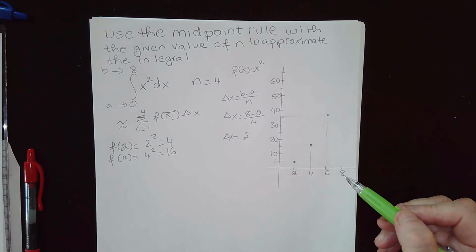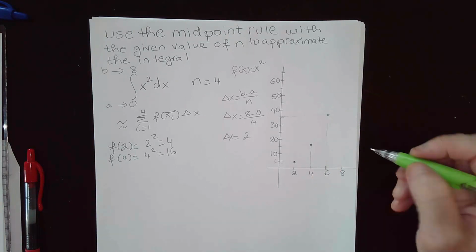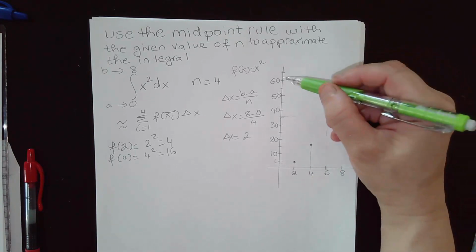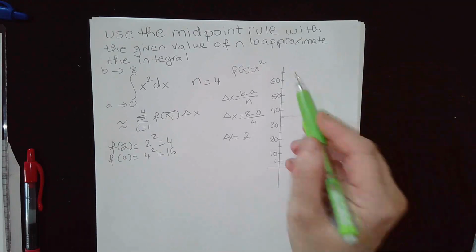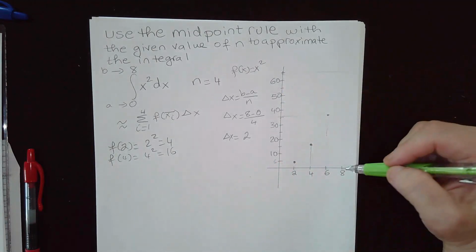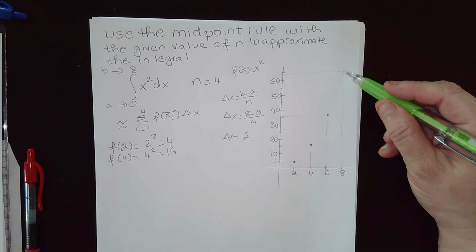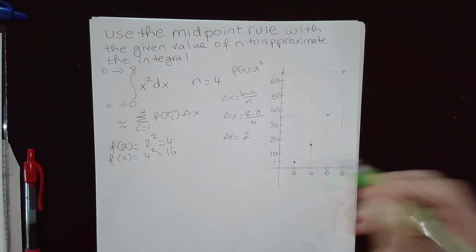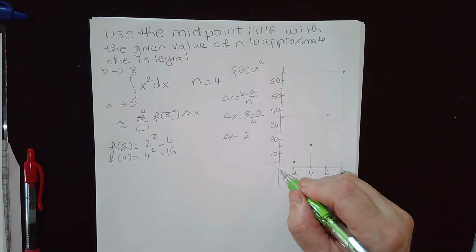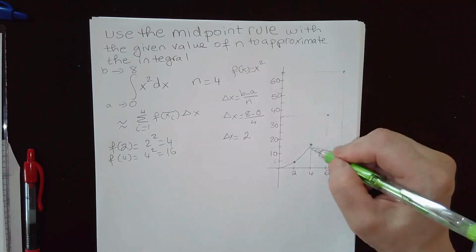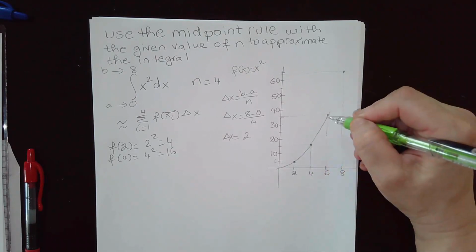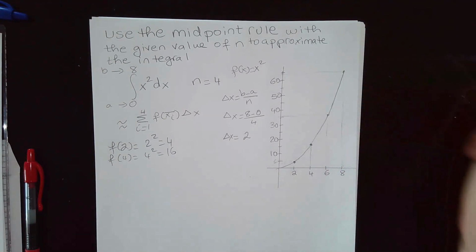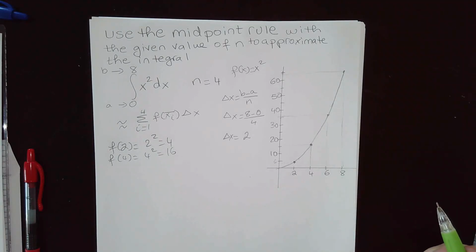And when x is 8, f of 8, 8 squared is 64. So here's 65. So here it is. This is the graph of the function from 0 to 8. I didn't include 0 because f of 0 is simply 0. So this is the graph of the function when x is between 0 and 8.